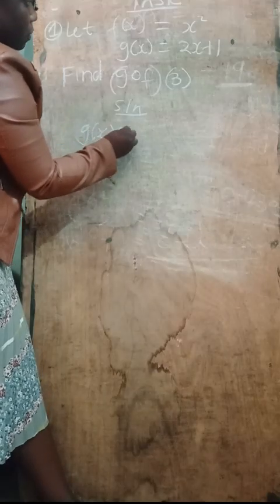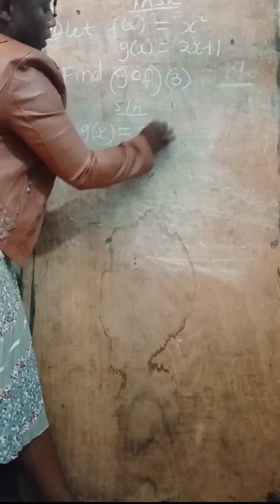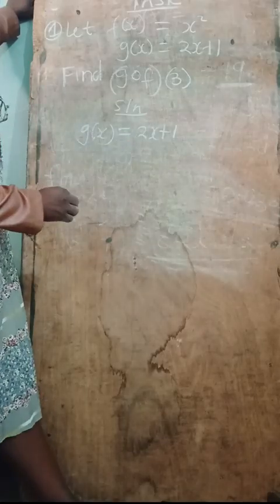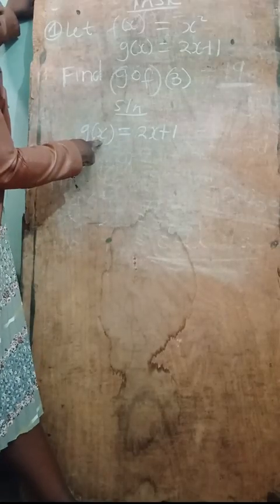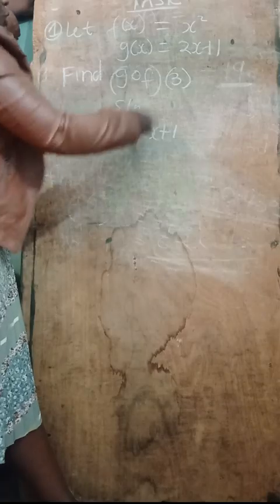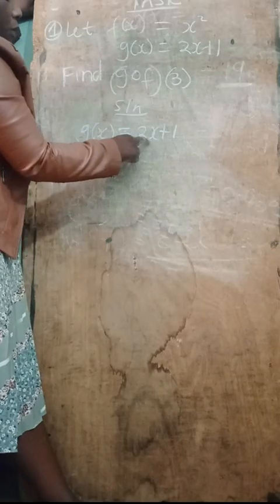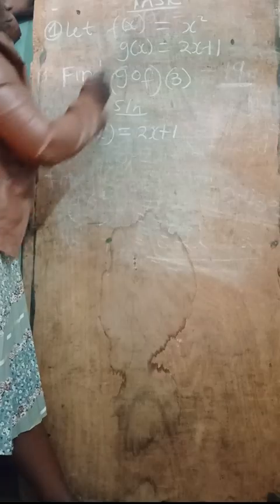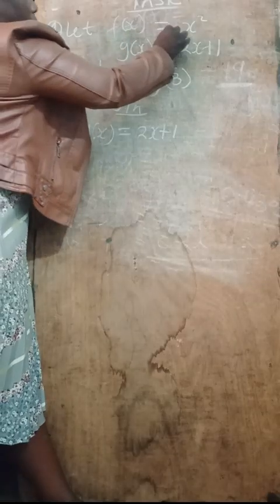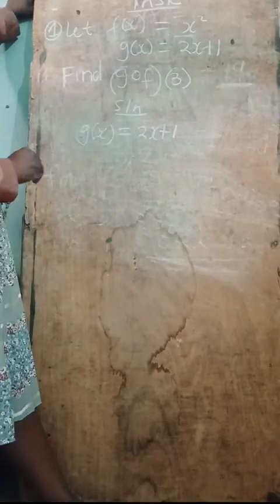This is equal to 2x plus 1. So in the function of g, where there is x, we put the function of f. The function of f is represented by x squared.